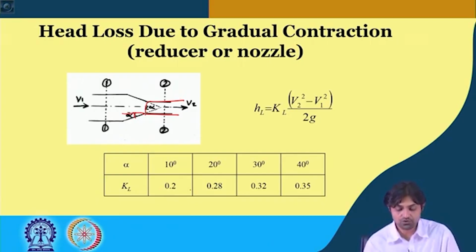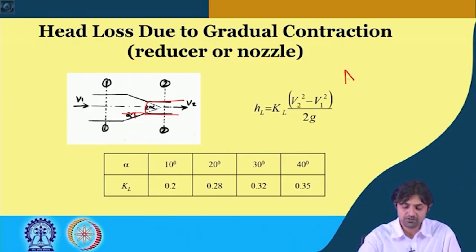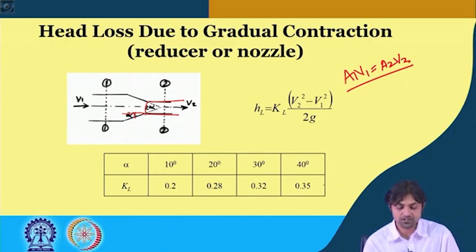In that case, you do not have to worry about area 1 and area 2, because it will already be taken care of by the velocity continuity equation, A1 V1 is equal to A2 V2, just a different way of writing. So, if there is a 15 degree alpha, then you just take the linear interpolation, and 0.24 will be the KL.